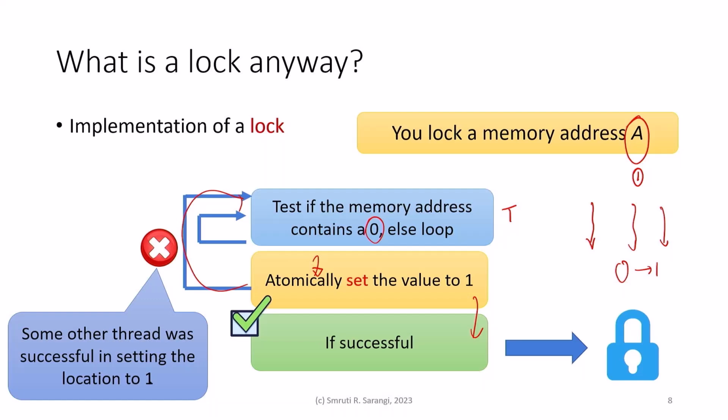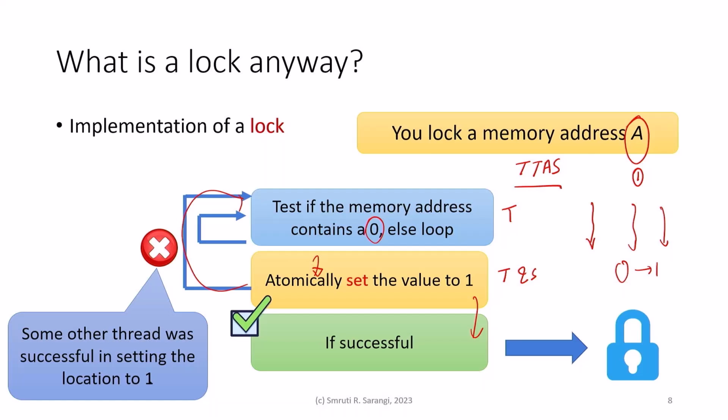And then if you see that the value is 0, you are trying to do a test and set. Test and set basically means see if it is 0, immediately make it 1, all in one go. So this is a test and set. This lock is known as a test and set or a TTAS lock, right? Why TTAS? Because first you are testing.